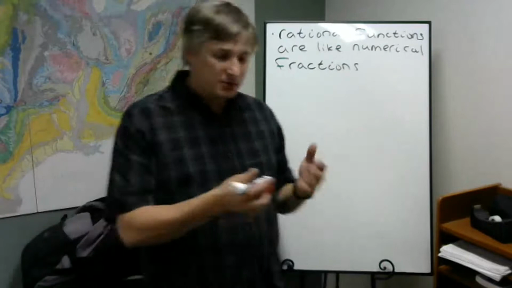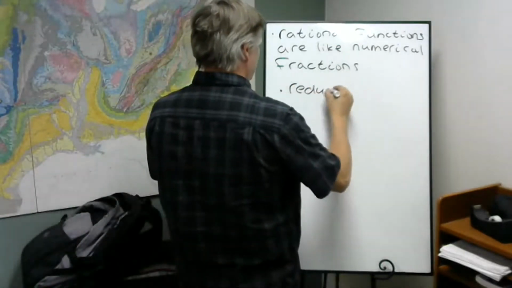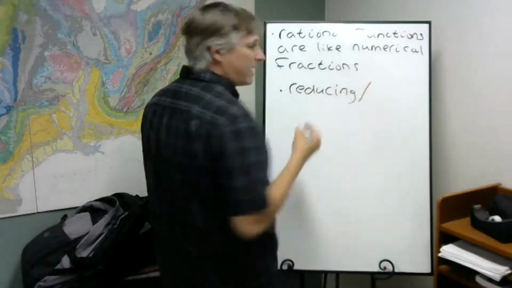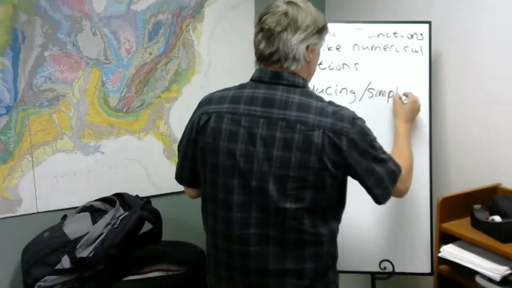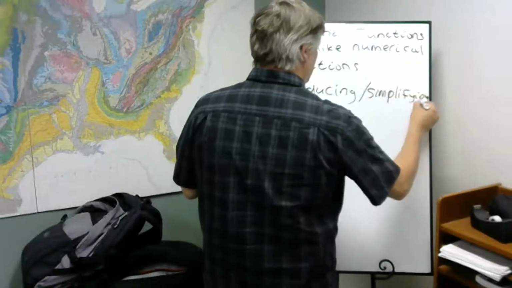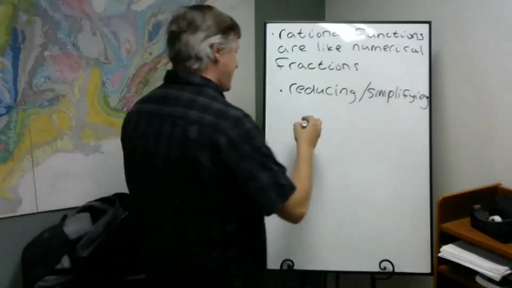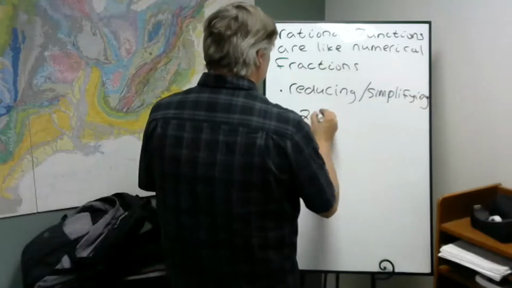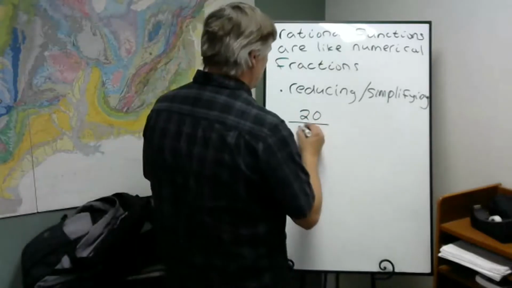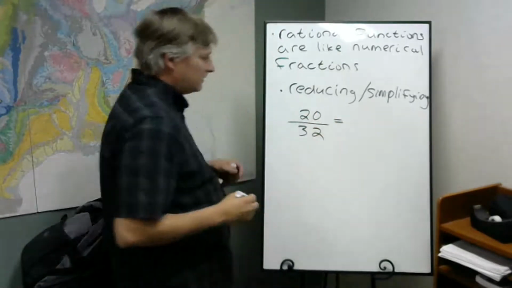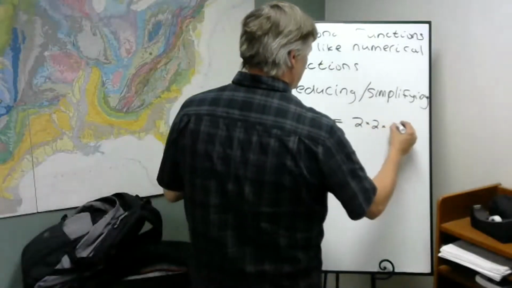So let's talk about the first part, what we might say reducing, or for rational functions, we'll call it simplifying. So remember with fractions, if we have, let's say 20, let's go with 32. Well, we can break this down into 2 times 2 times 5.